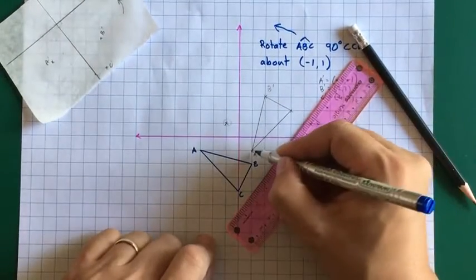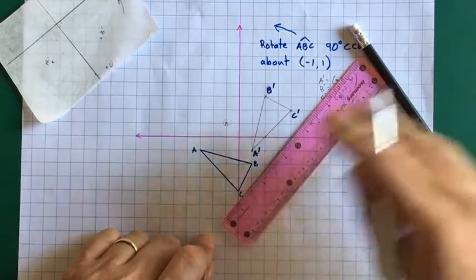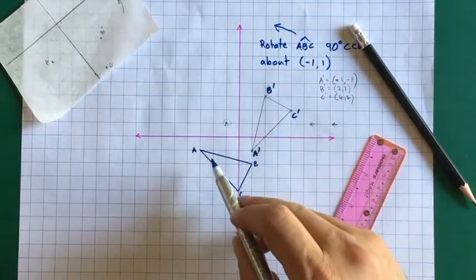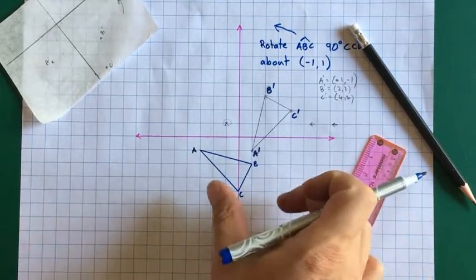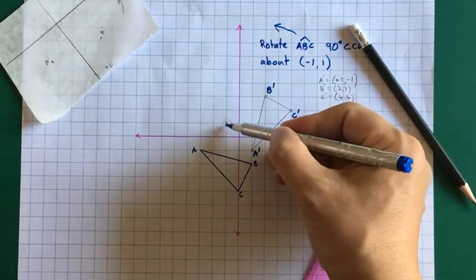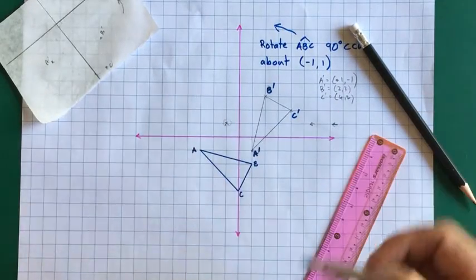Label these points. So this is A dash, this is B dash, and this is C dash. Okay, and I have just rotated the triangle ABC 90 degrees, so I've turned it that way, and this was the center of rotation, -1, 1. Done.